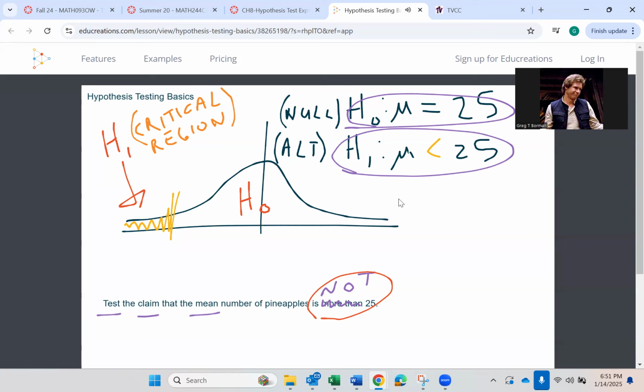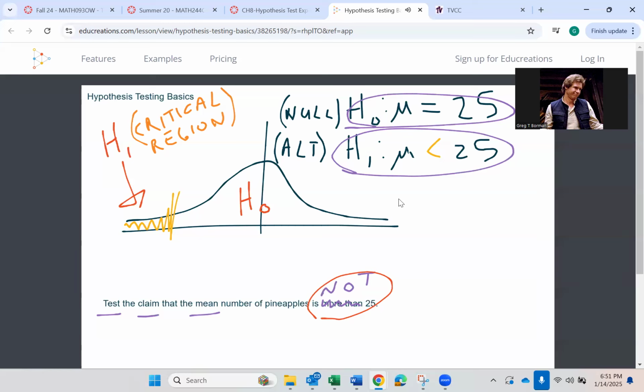So if it goes over here, then our test value ended up in the critical region, the H1 region, suggesting we believe H1 is the answer. That makes sense. Or if it ends up over here in the H0 region, then we assume that H0 is the answer. So that's one way to do it, the critical value way.